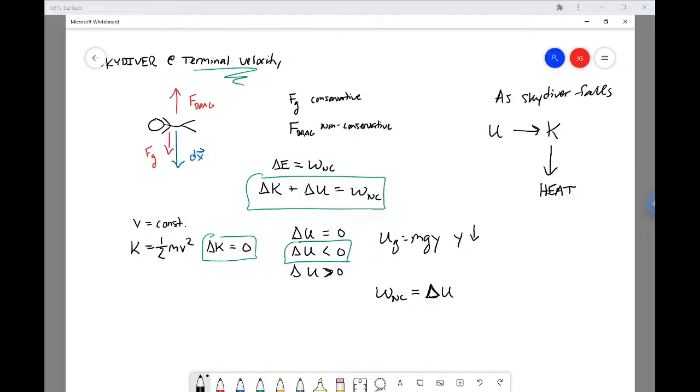So you have potential becoming kinetic as the skydiver falls, and kinetic becoming thermal energy, I shouldn't say heat, because the air molecules are heating up.